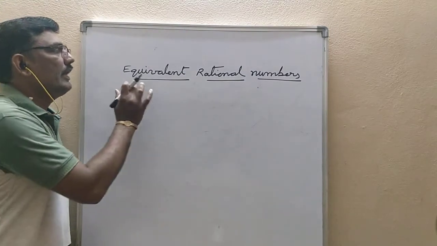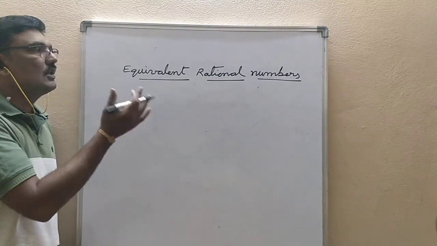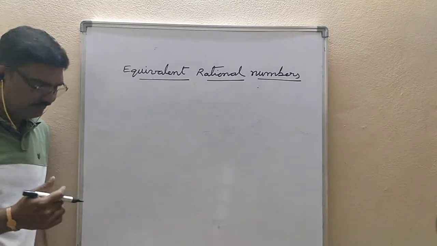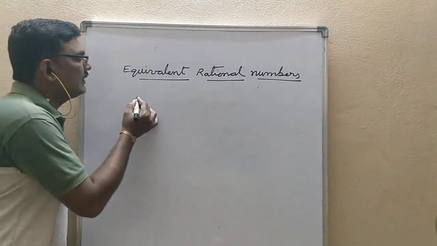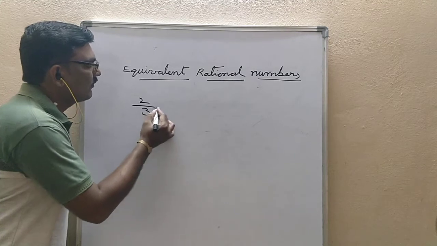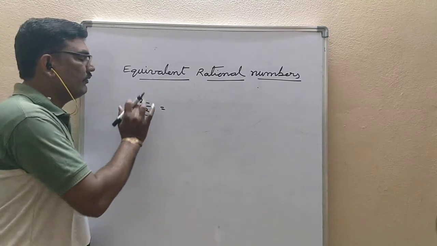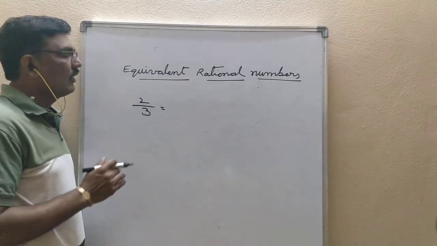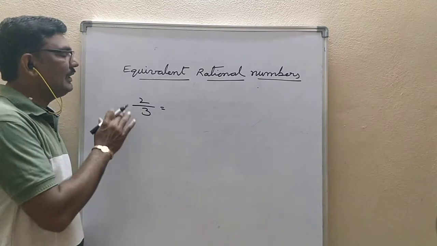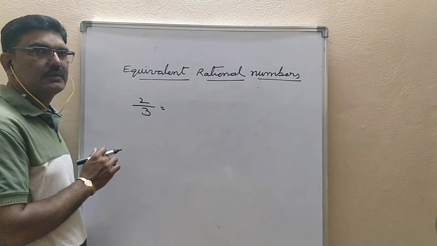When will we call two fractions or two rational numbers equal? The first question they gave is 2 by 3. So, you should write an equivalent fraction for 2 by 3. What do you have to do to write an equal fraction for 2 by 3?